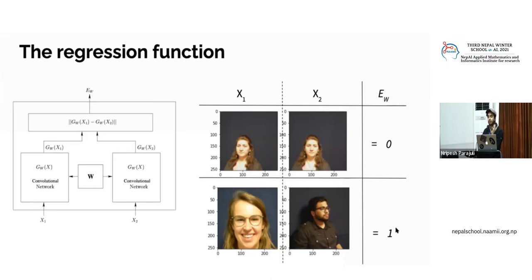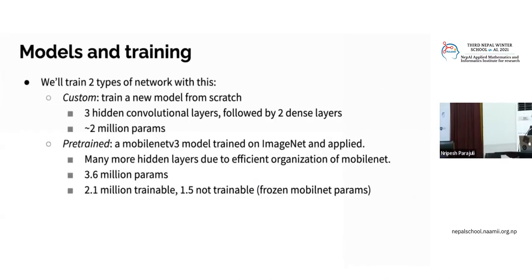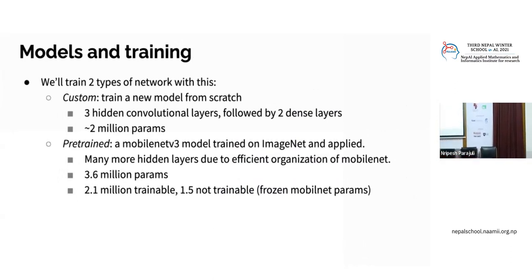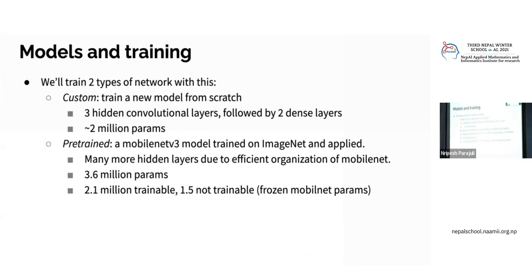Obviously, when it actually trains and in inference, it may be 0.1, 0.2, and maybe this is 0.8, or sometimes it can even be 1.1. I think it can happen, but essentially things that match should be 0, and things that don't match should be 1.